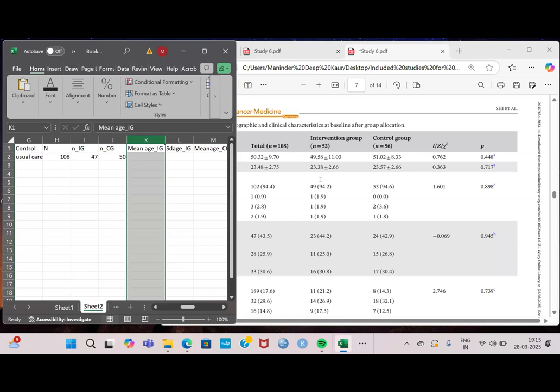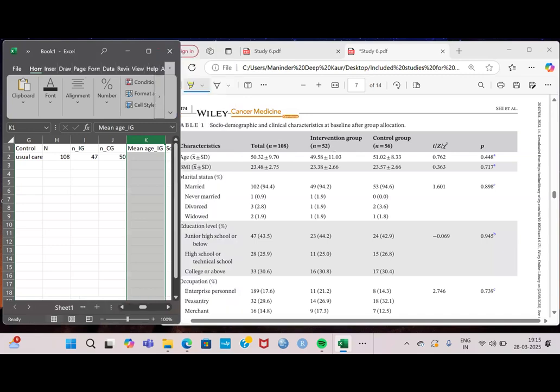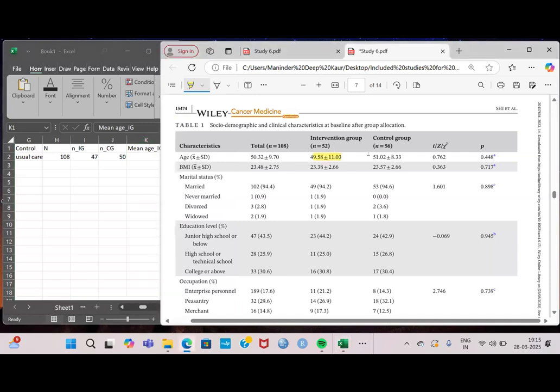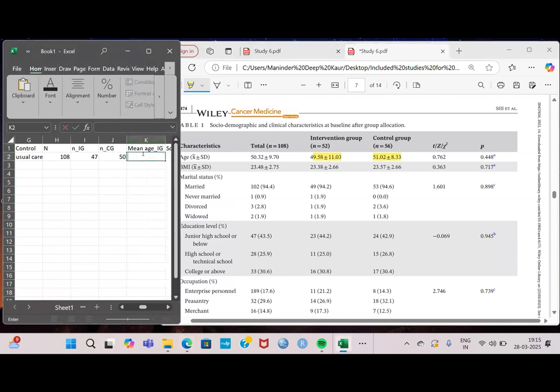Next is the mean age in the intervention group along with standard deviation. Whether the study has given any mean age, yes. The intervention group mean age is 49.58 and the control group is 51.02. So I need to enter 49.58, and the SD is 11.03.